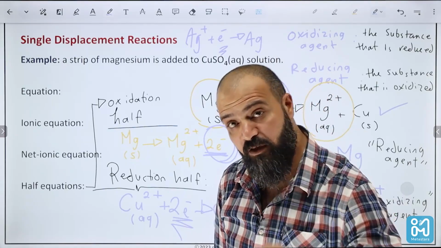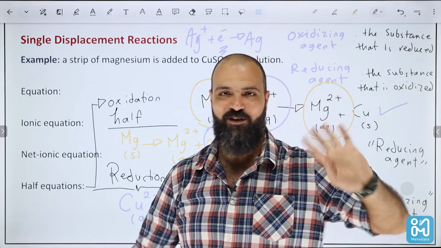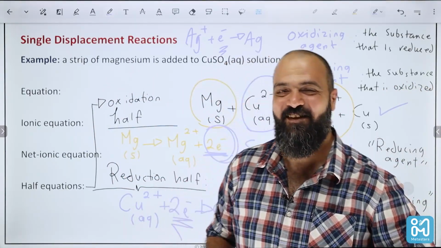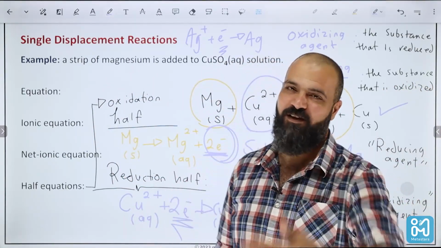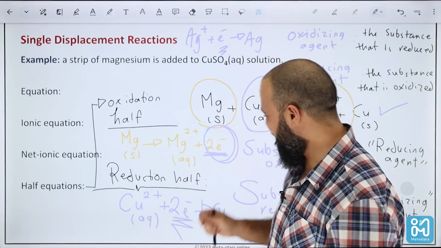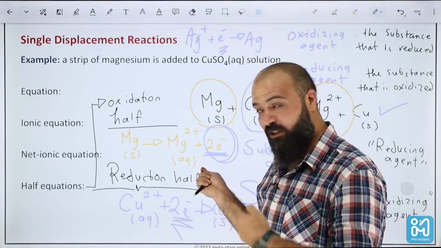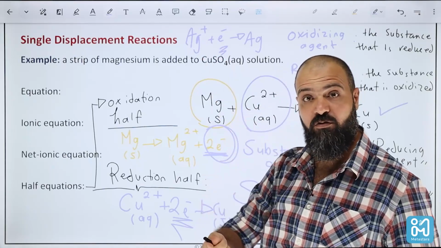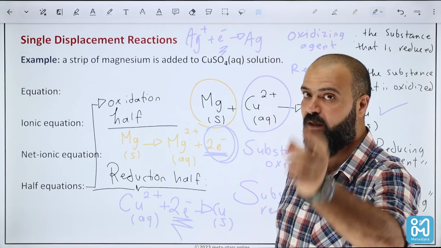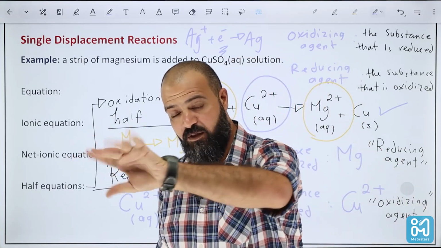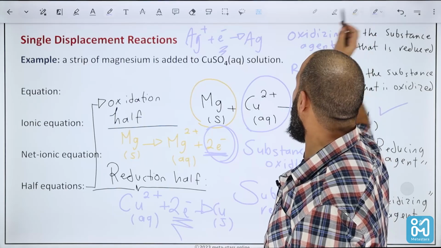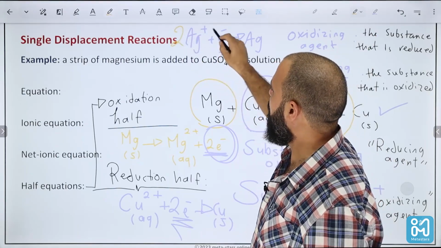You need to make the number of electrons lost the same as the number of electrons gained, on the AP exam. Magnesium loses 2 electrons, silver ions gain 1 electron. So I have to multiply the whole silver equation by 2.